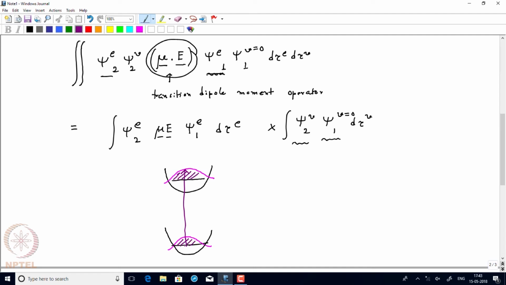But this is not the case. Why? Because in the excited state, I already told the well has been shifted. It looks like something like this.